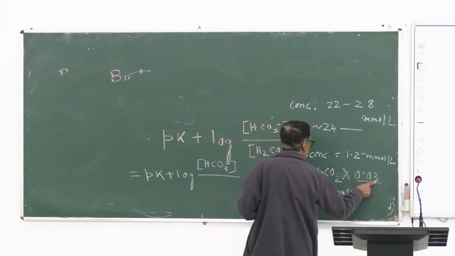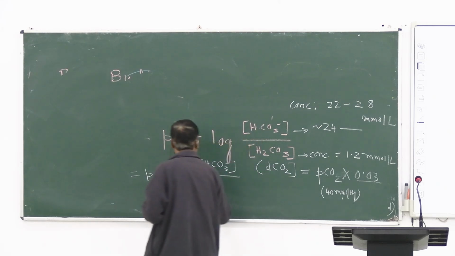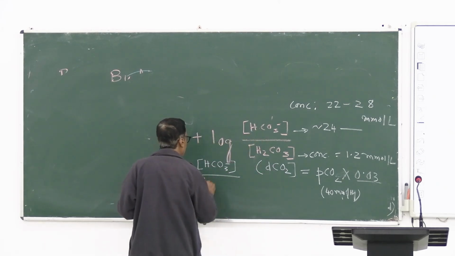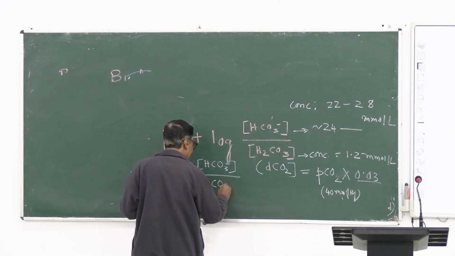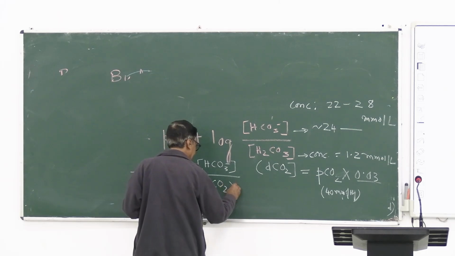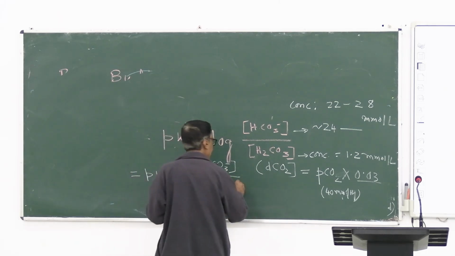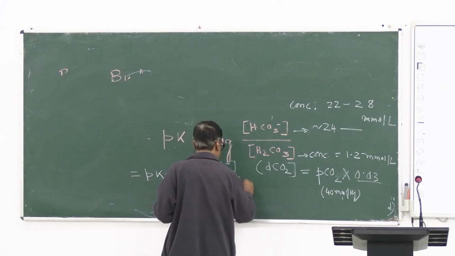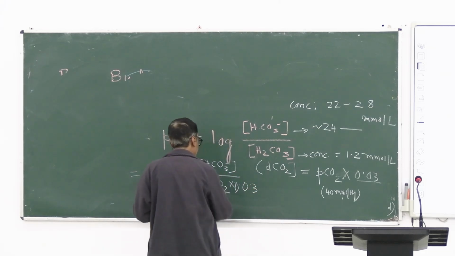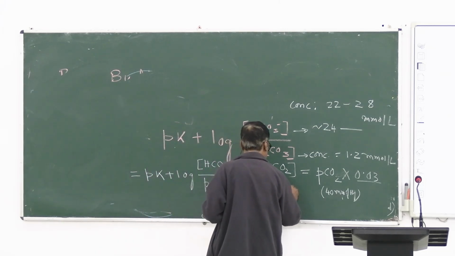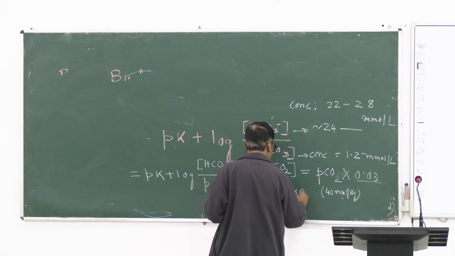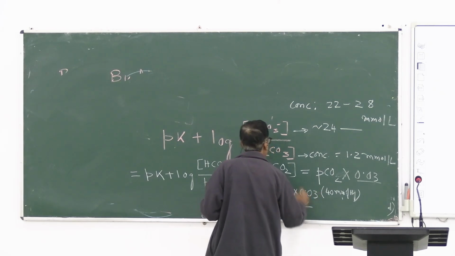So, 40 into 0.03 is equal to 1.2. It is described also in this form: 0.03 into 40 will be 1.2, as I have mentioned.